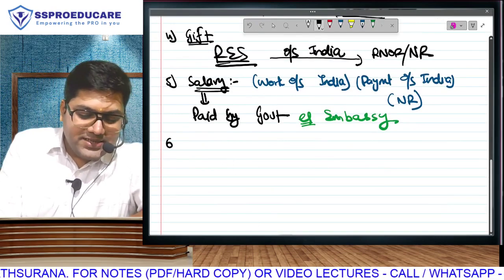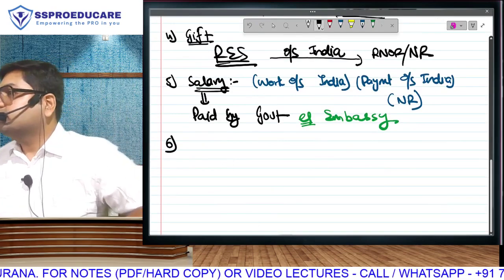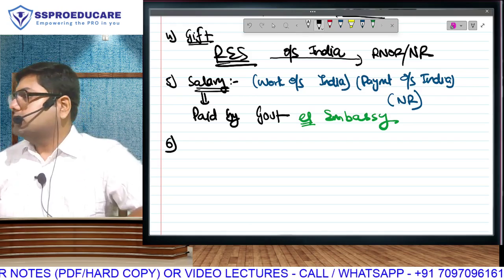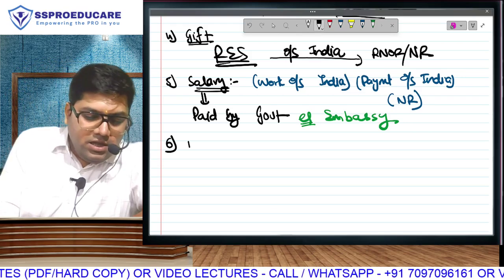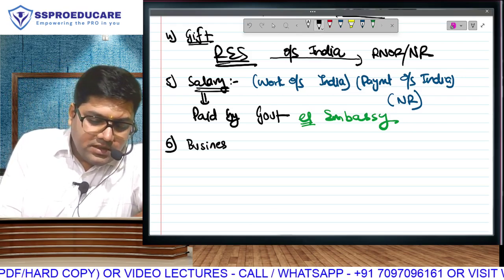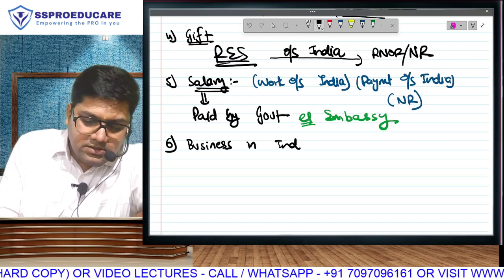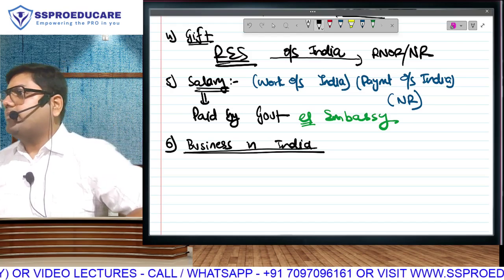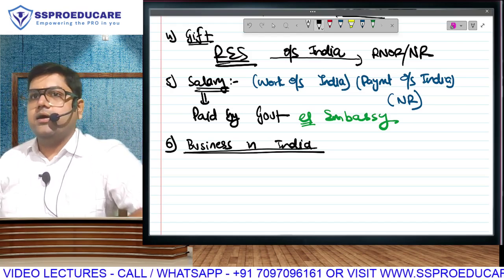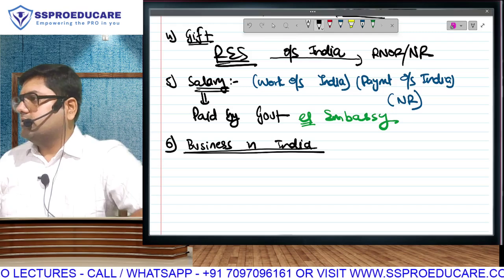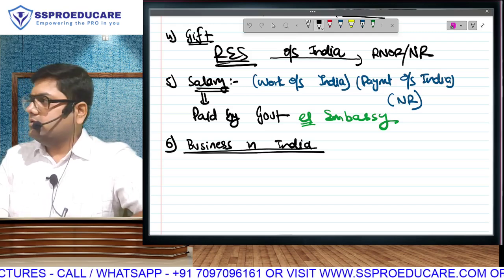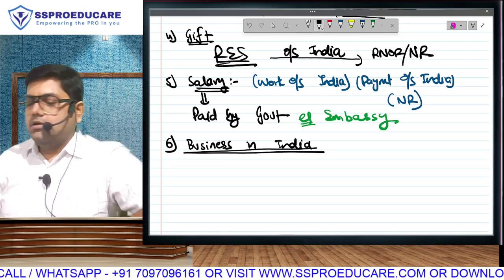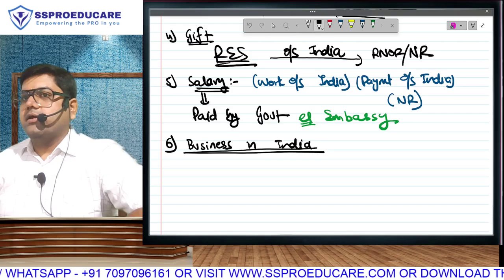Next, point 6. In which list? Incomes which are deemed to be Indian incomes. Correct? If you have your business in India, if you have set up your business in India, it will be considered as Indian income.